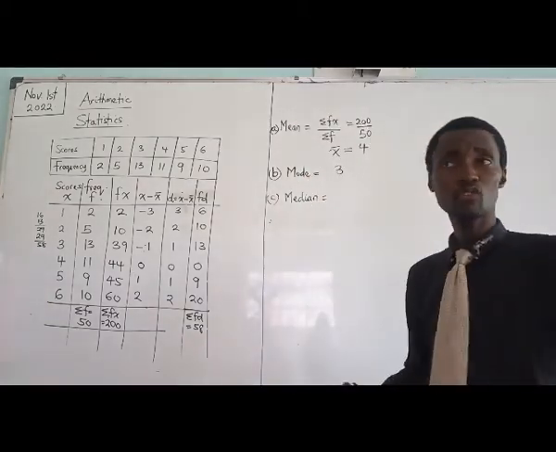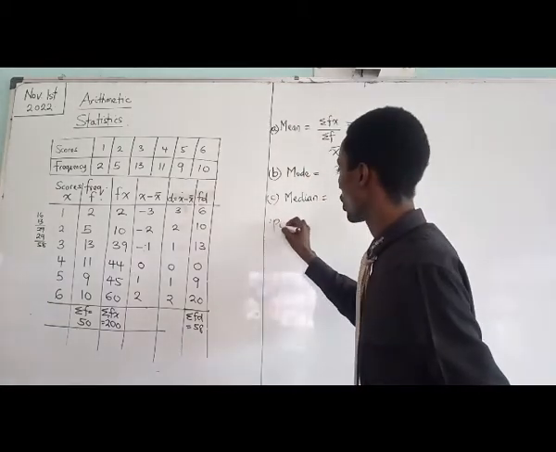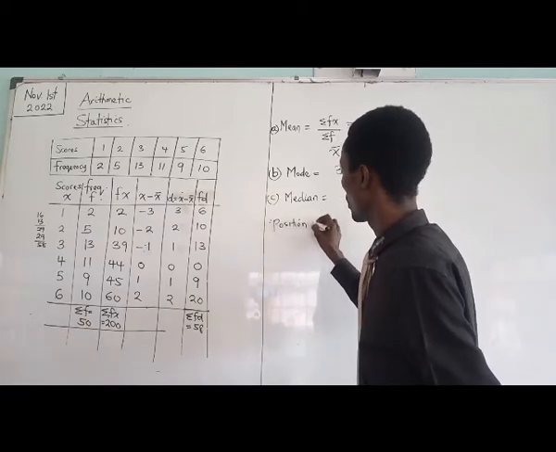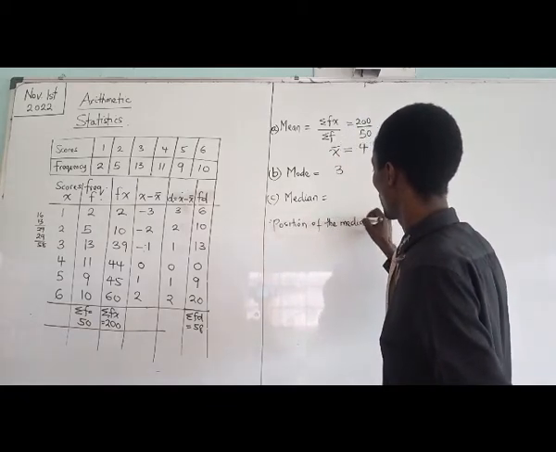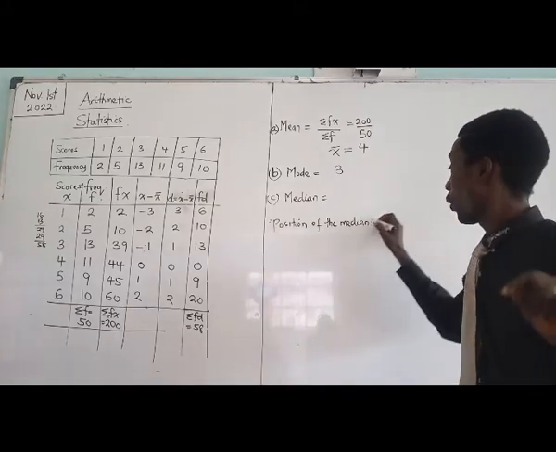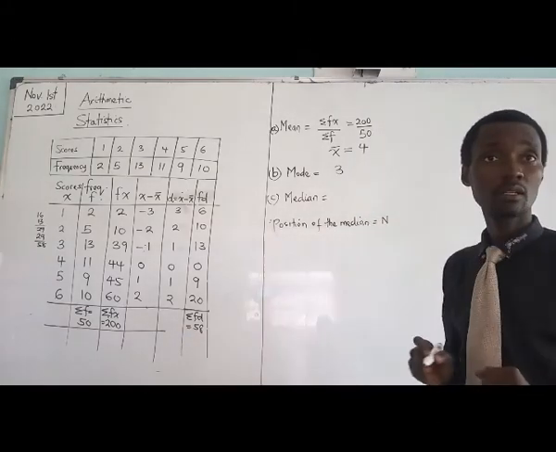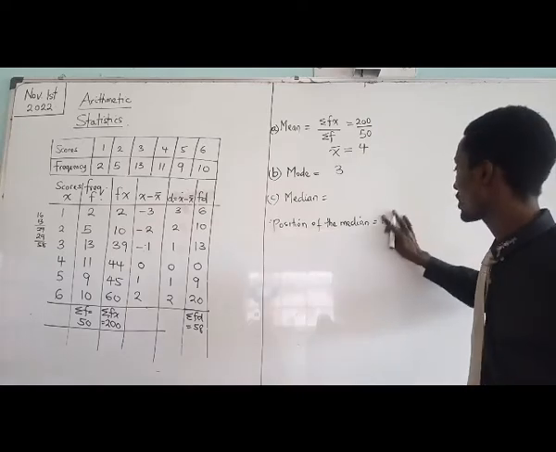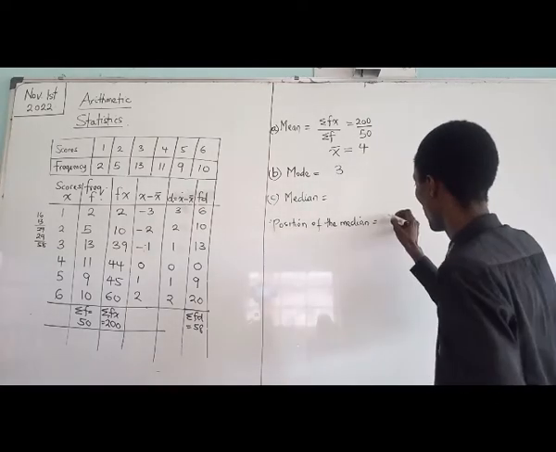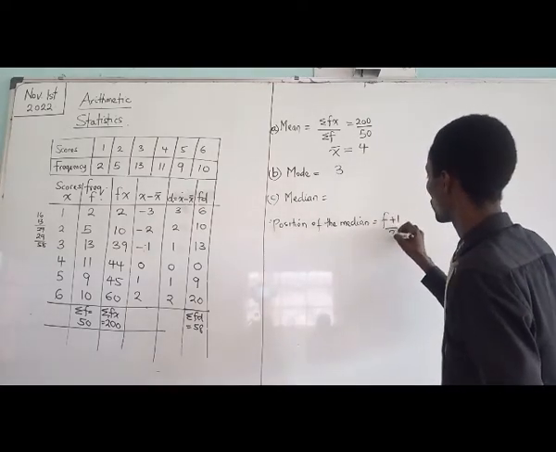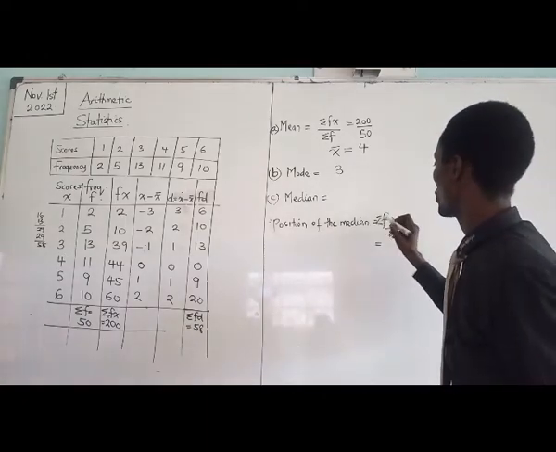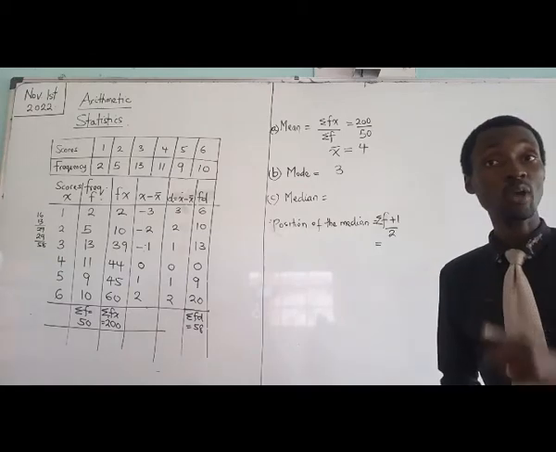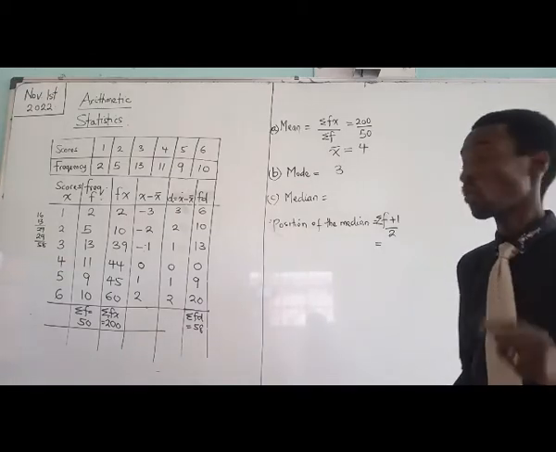And the trick here is to say the position of the median is equal to, what is the frequency? N. You can use N, or since we are using F, I'll call it F. Summation F, the total frequency, plus 1, over 2.